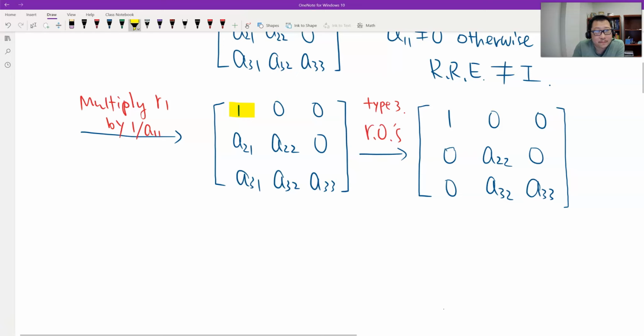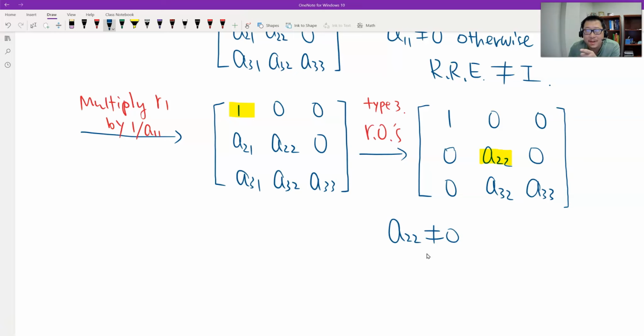Now we look at this number. We know this time A22 should be nonzero, right? Therefore, again, A22 is not 0.